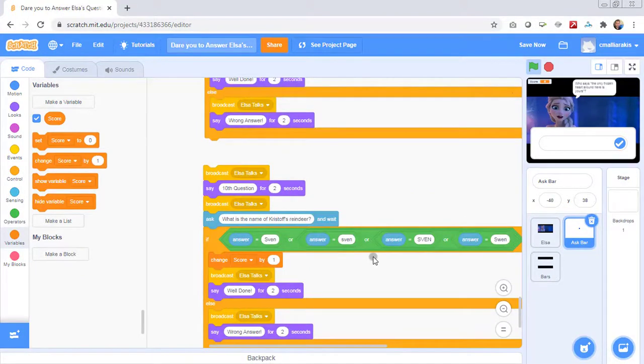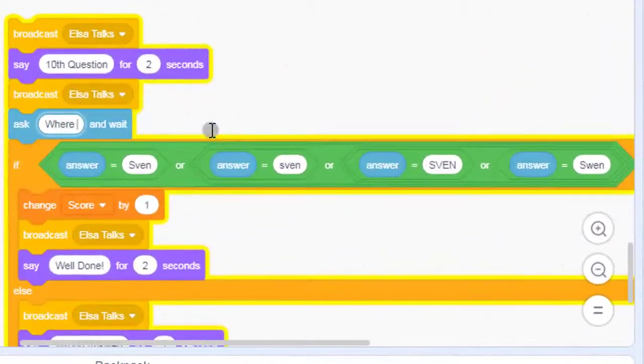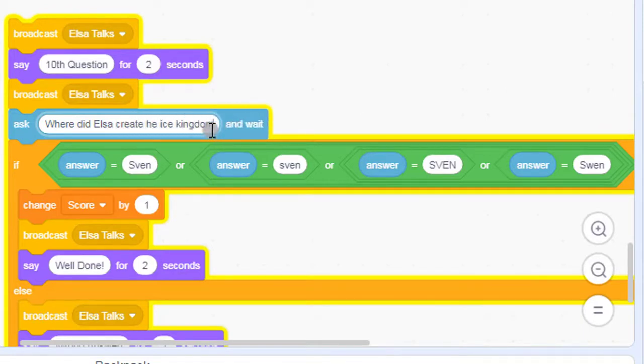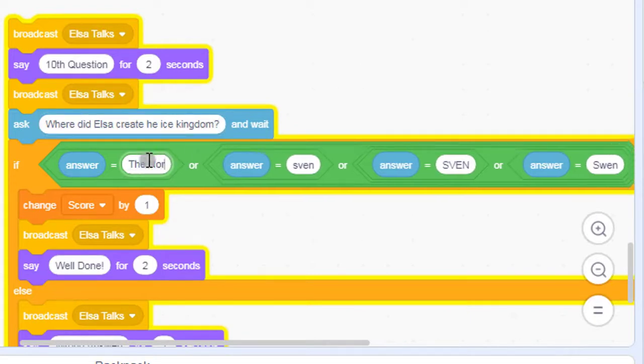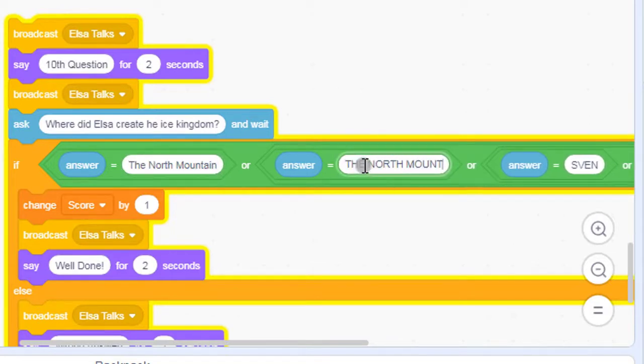The last question will be, where did Elsa create her ice kingdom? And of course the answer is the North Mountain. The North Mountain.